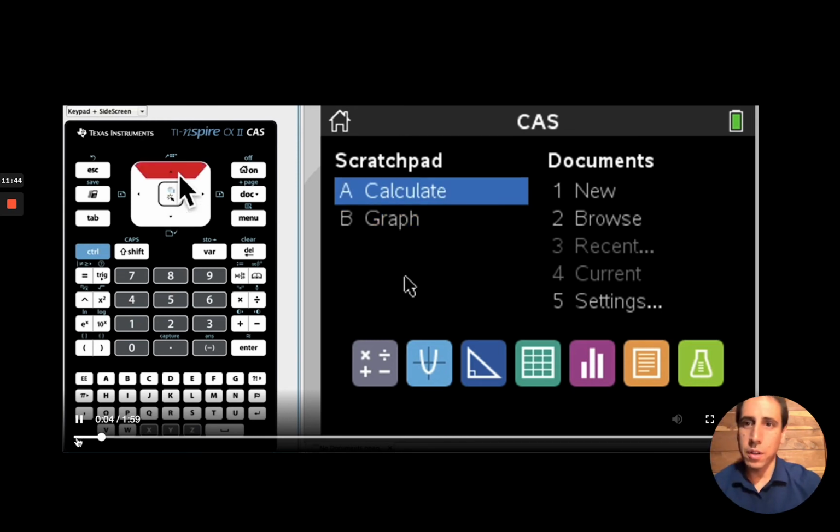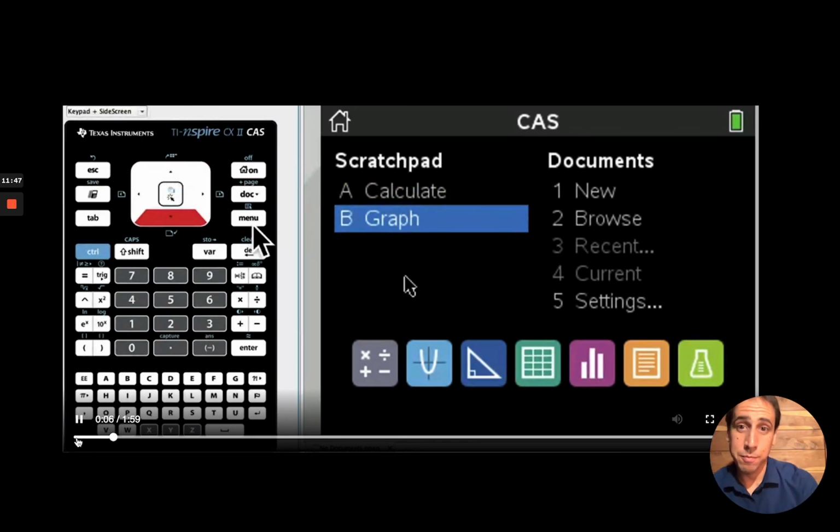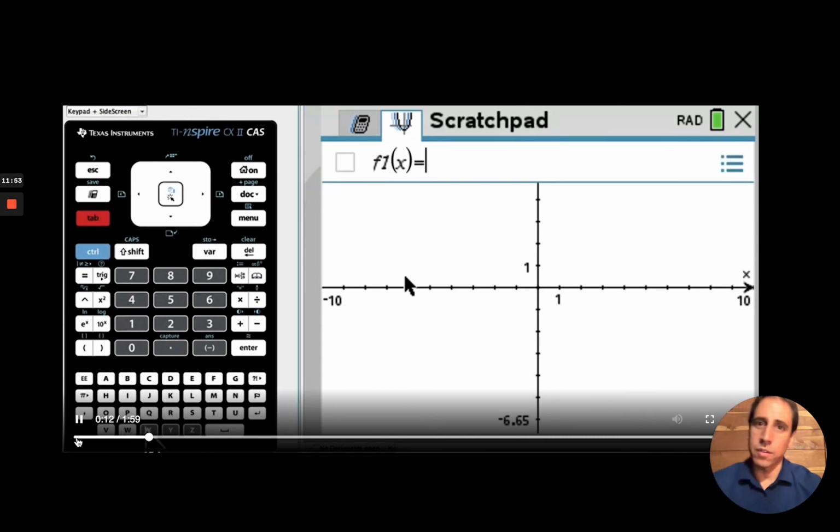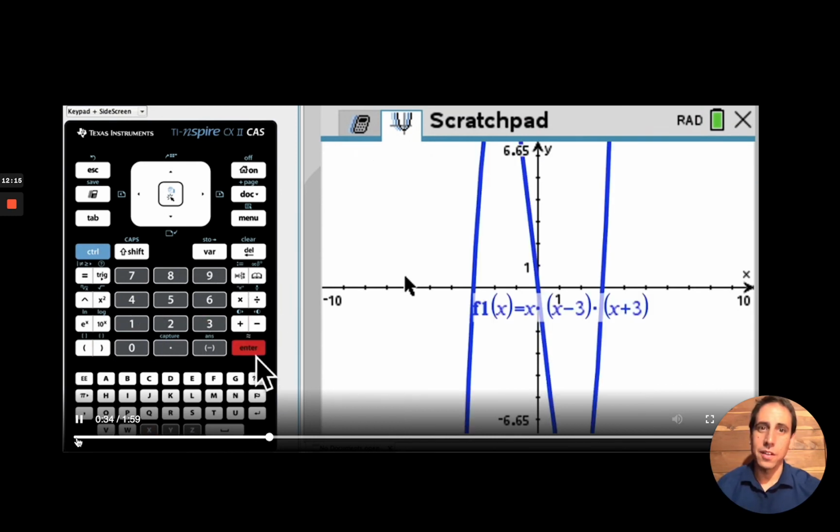All right, we're going to go to graph, B graph, and then as our first function, x times parentheses x minus 3, close parentheses, times parentheses x plus 3, close parentheses, enter.